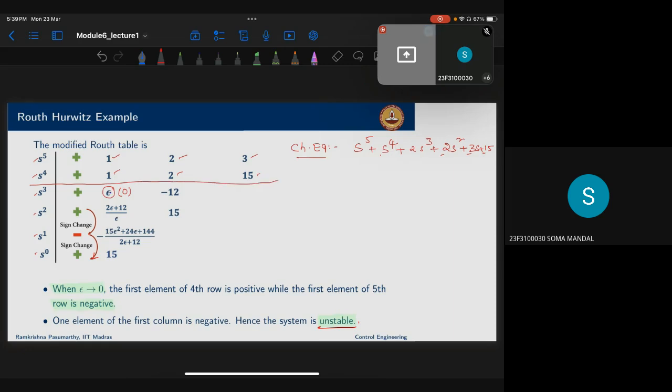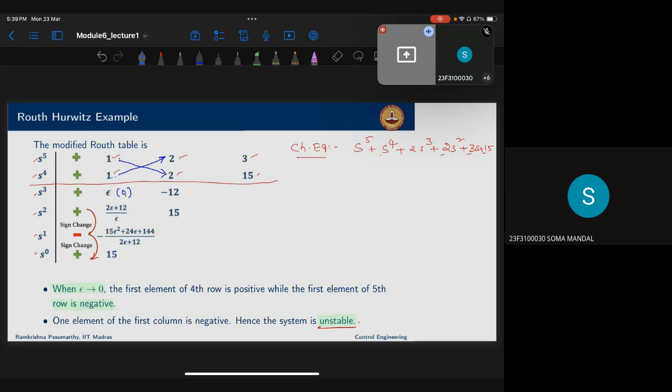Next, this term. How do we find this term? 1 multiplied by 2, minus 1 multiplied by 2, divided by 1. You get 0 here, because 1 multiplied by 2 is 2 and 1 multiplied by 2 is 2, so it becomes 0. 0 by 1 is 0.